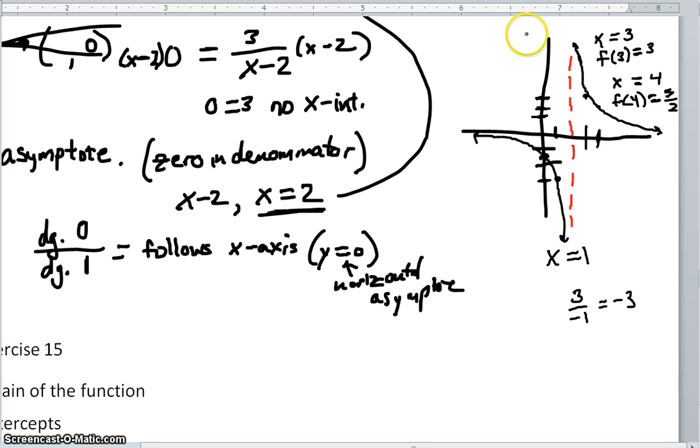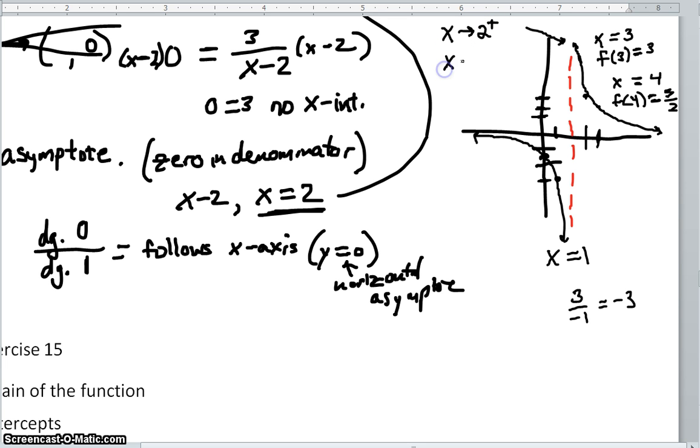But I want to just outline something here because you're going to see something in the book. As x is getting towards 2, it has two different things happening. It's going negative and positive. So they use two different notations.